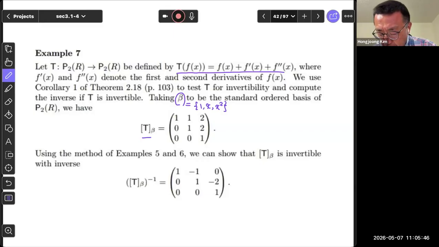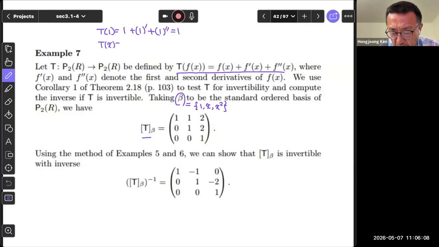So what is the image of 1? Image of 1 is 1 plus the derivative of 1 plus the second derivative of 1. The first and the second derivative of 1 are just zeros, so it is 1. And T of x will be x plus the derivative of x plus the second derivative of x.